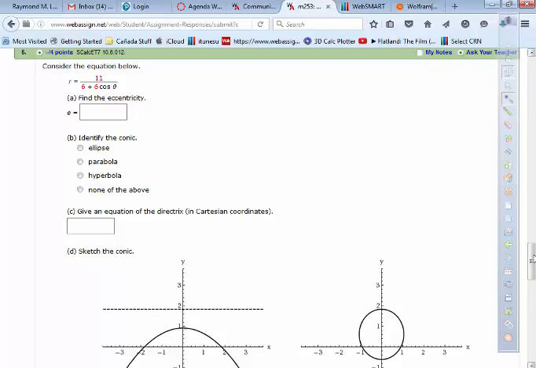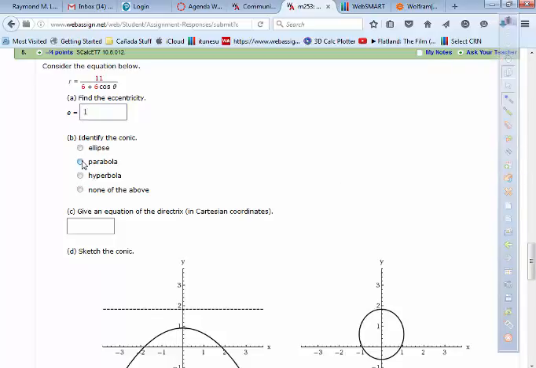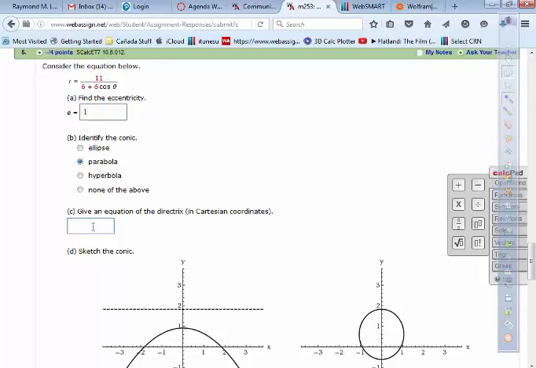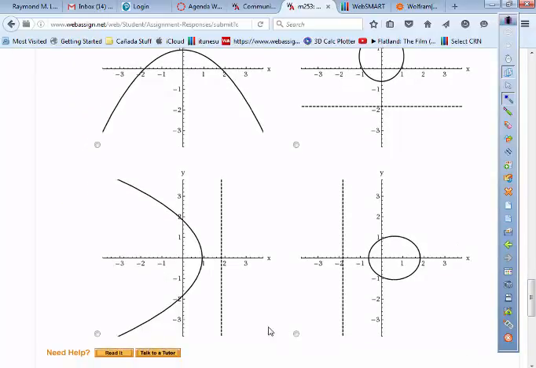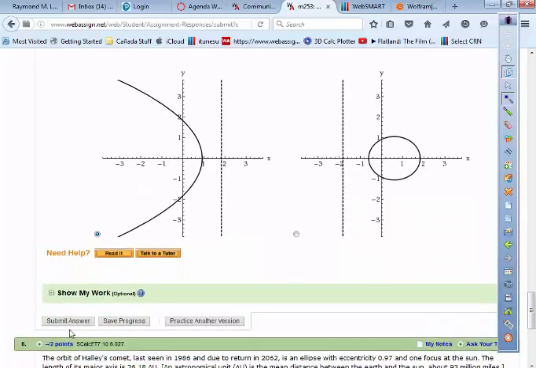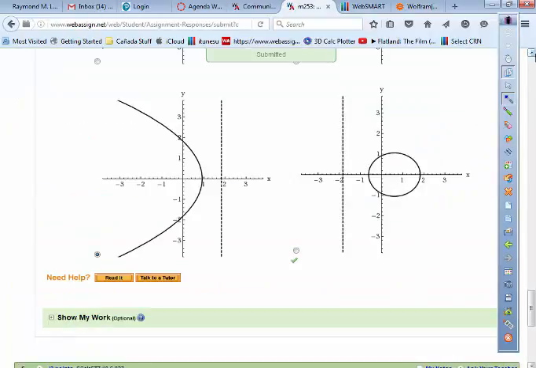Oh, we already have that. Oh, let's just answer it then. One parabola. What's this? X equals what? And then we know that it's a parabola opening up sideways, right? All right, so that looked like it was all good.